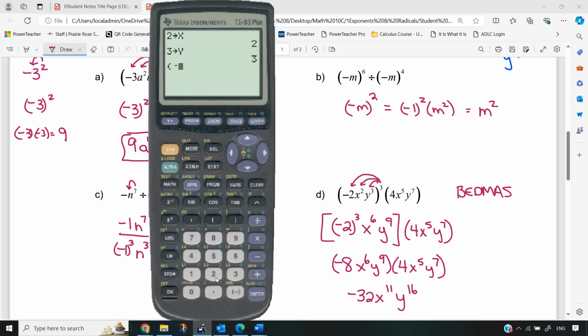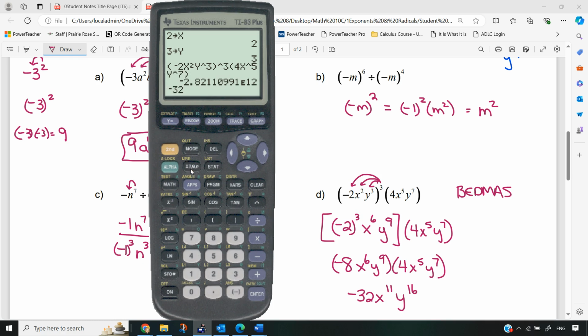So the first example, -2 x squared alpha y cubed, and then to the exponent 3, and then we have 4 x to the 5th, y to the 7th. And if I've simplified correctly, I should get the same answer.